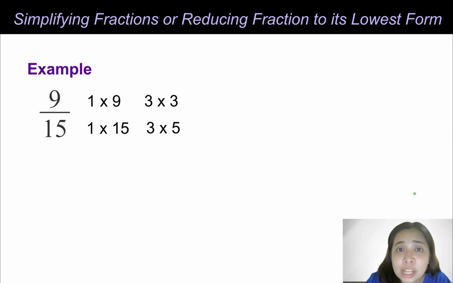Then, after nating mailista yung mga factors ng numerator and denominator, hahanapin ulit natin kung ano nga ba yung greatest common factor, o yung pinakamataas na number na pareho sa listahan ng factors ng numerator and denominator. In this case, that number is 3. So ang ating GCF is 3.